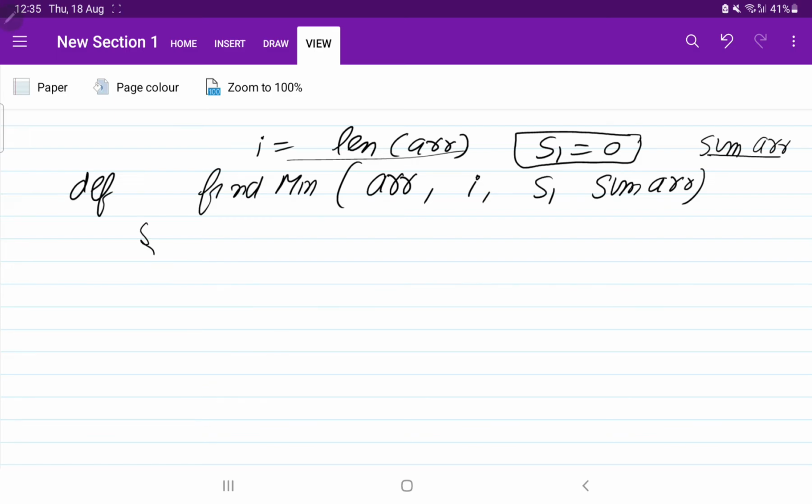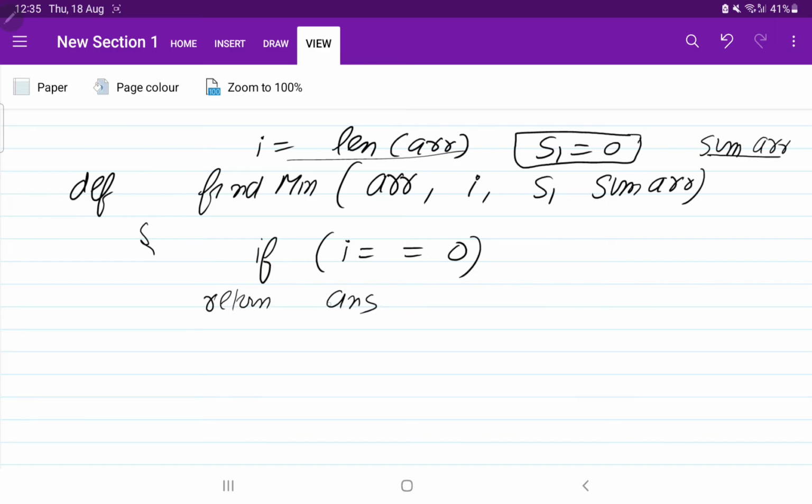First of all, we are going to write the base condition. So if I equal to 0, if we have covered all the elements of the array, then we return the answer.